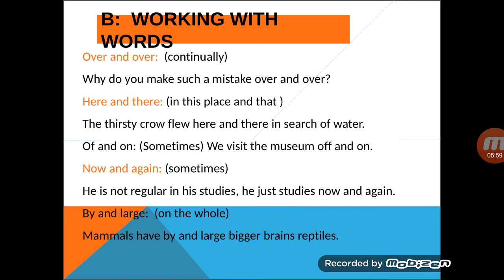And then now and again. It also means sometimes. He is not regular in his studies. He just studies now and again. Sometimes he starts to study, sometimes he leaves off studying, and again he does the same thing.